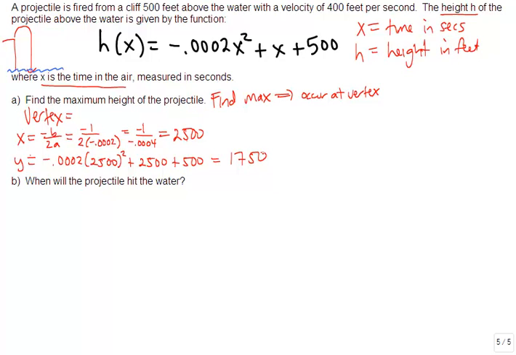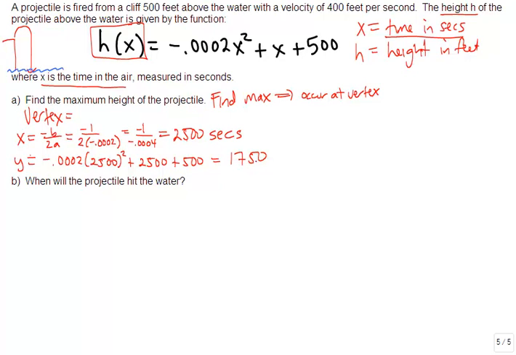Now, to decide which one of these is our answer, let's put some units on these. So remember that x was time in seconds. So this 2500 was an x, so this is seconds. And remember that y here, what I called y, is actually what this function was equal to. So y is synonymous with this function notation h of x.